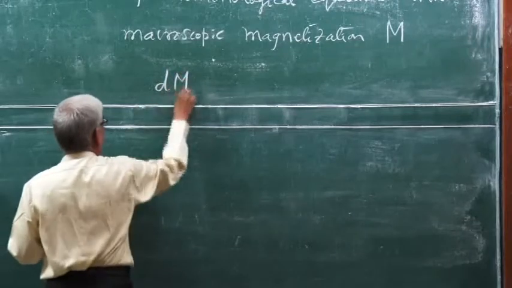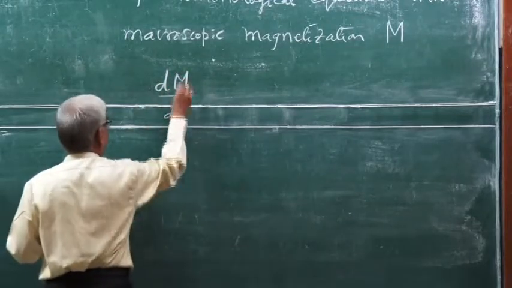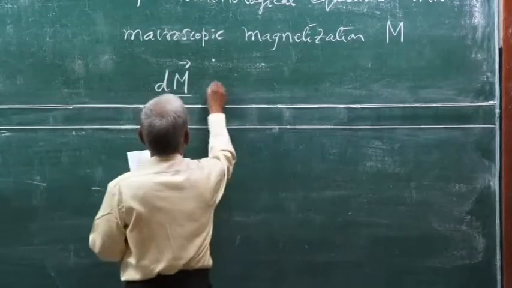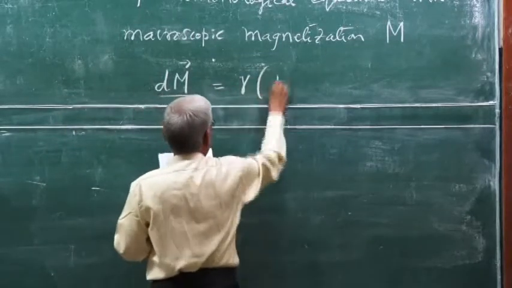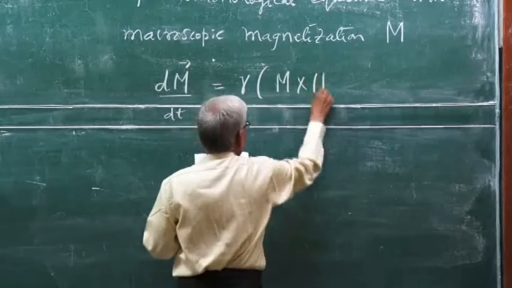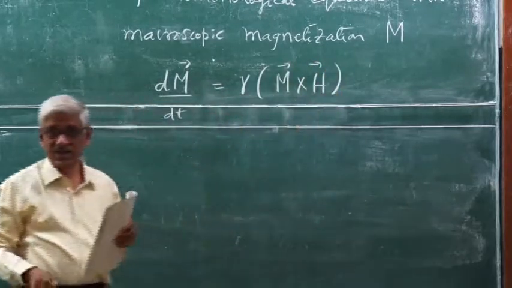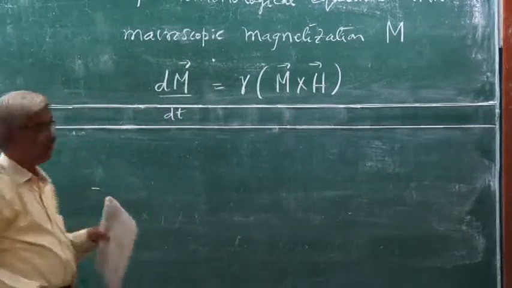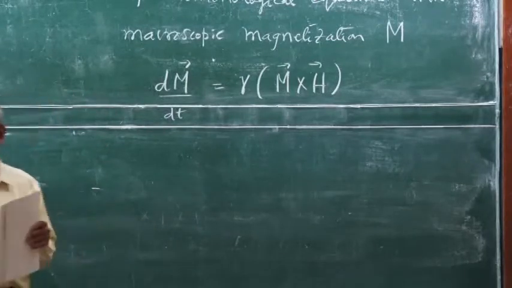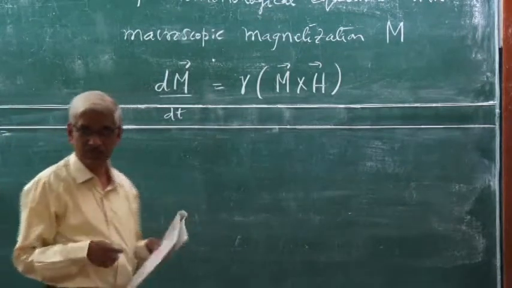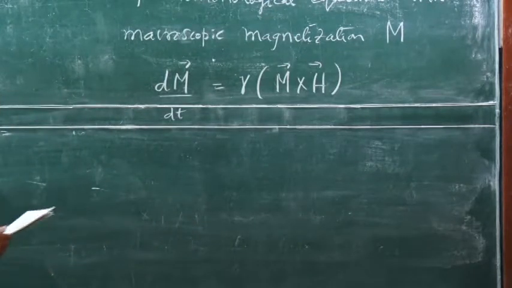This is a vector, dM/dt, M is a vector, is equal to gamma M cross H. H is the field. Some books use B as field, some books use H, so it doesn't matter, you have to be consistent with what you are using.